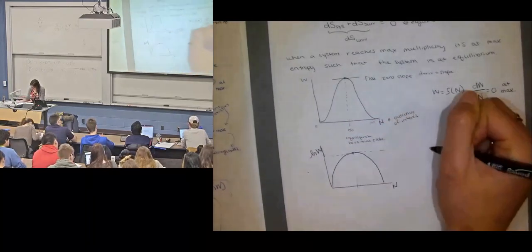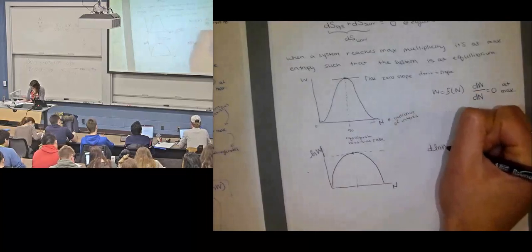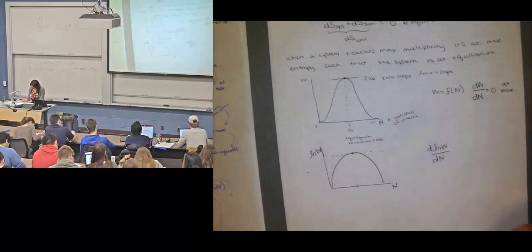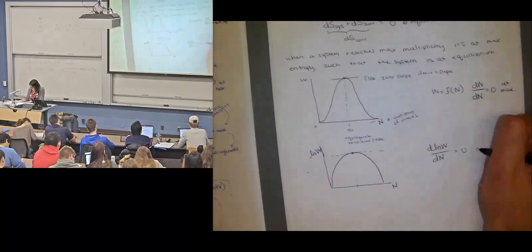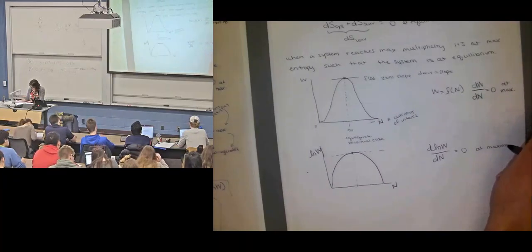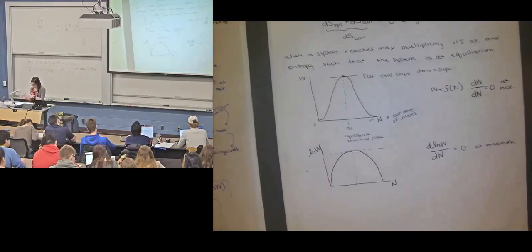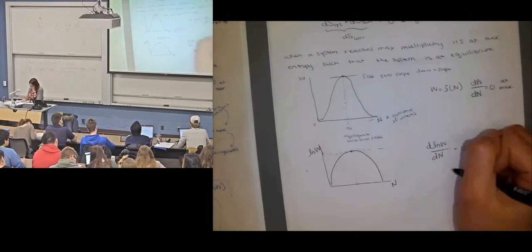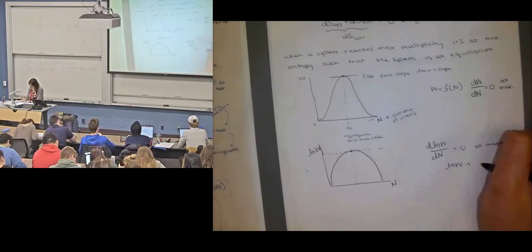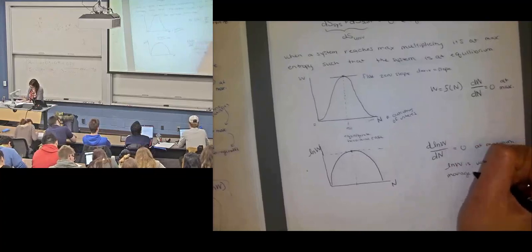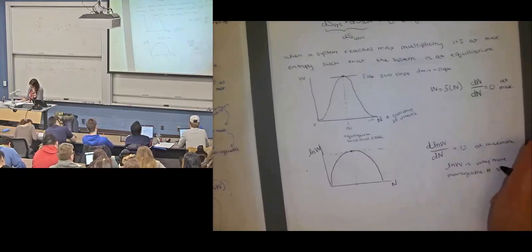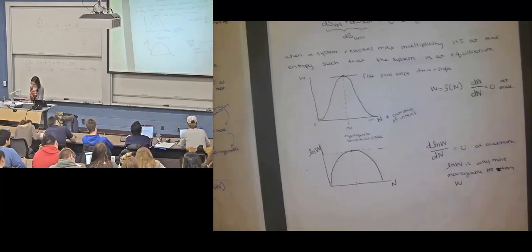The derivative of the natural log of multiplicity with respect to n will still be equal to 0 at the maximum. So what we have now is a function that still satisfies the same maximum principle, but the natural log of multiplicity gives way more manageable numbers to work with than multiplicity itself.